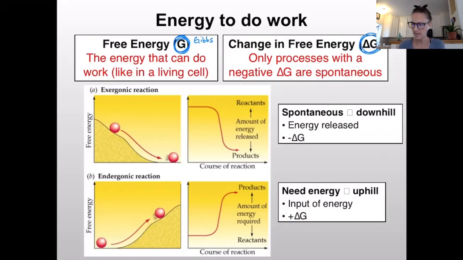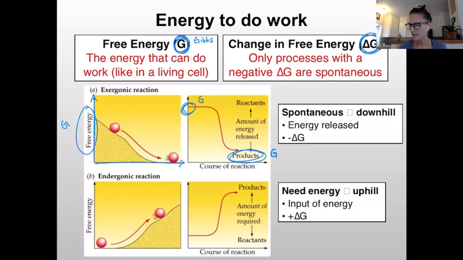So let's look at that just in terms of a ball rolling down a hill. All right. So if we have on the y-axis free energy, so we have our Gibbs free energy here, and we have the course of the reaction on the x-axis. Here, a ball rolling down a hill starts with free energy that is quite high, and the result down here in the products is a G that is much lower, right?